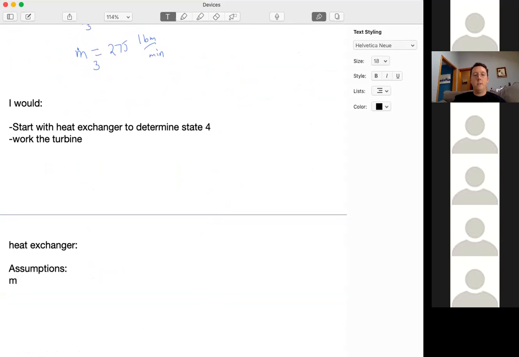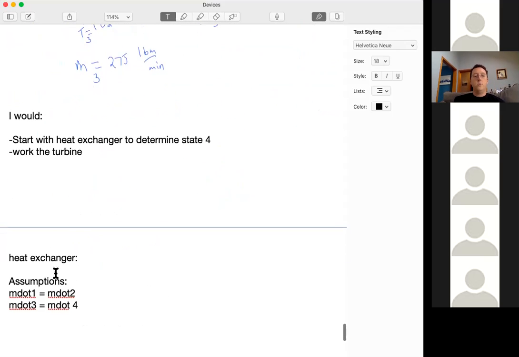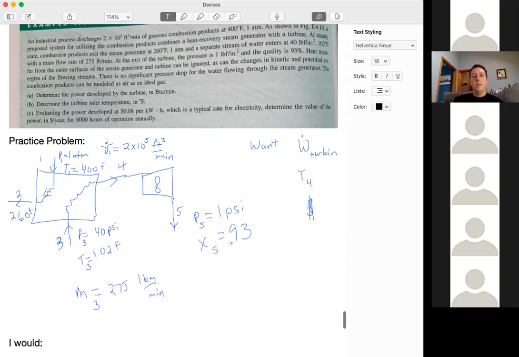I can say m dot 1 equals m dot 2. I can assume m dot 3 equals m dot 4. I can assume w dot equals 0, q dot equals 0. What else can I assume about boilers, condensers, and heat exchangers?